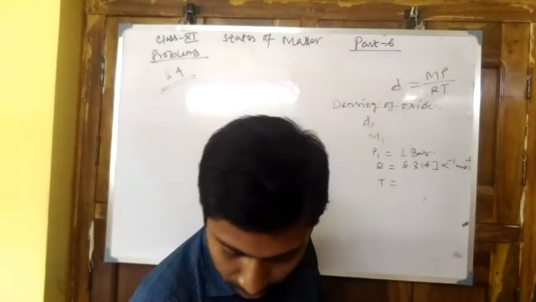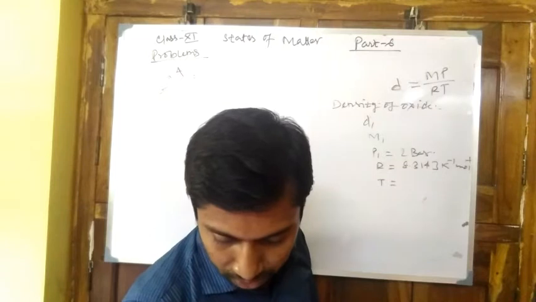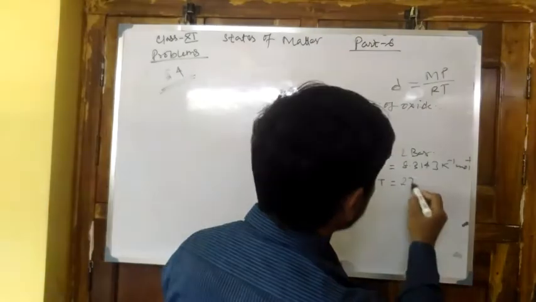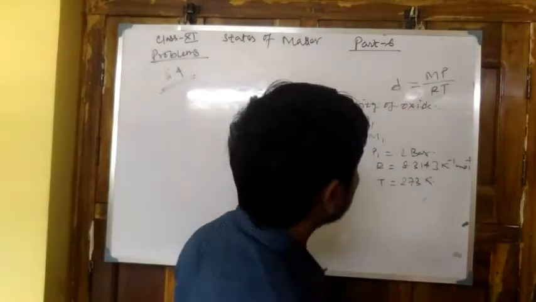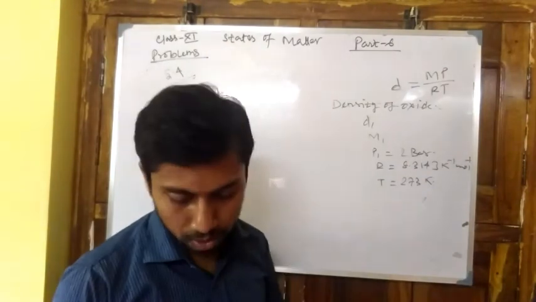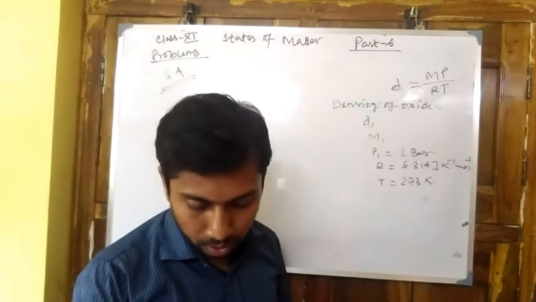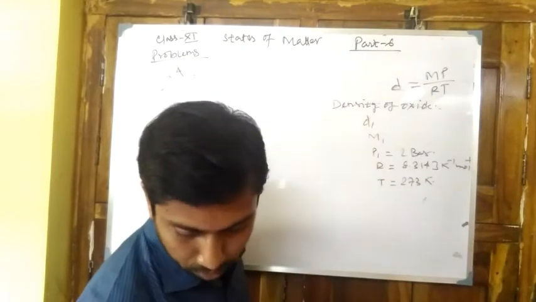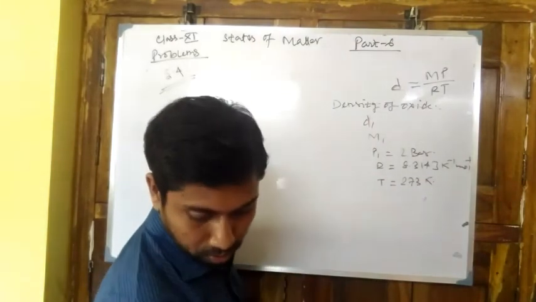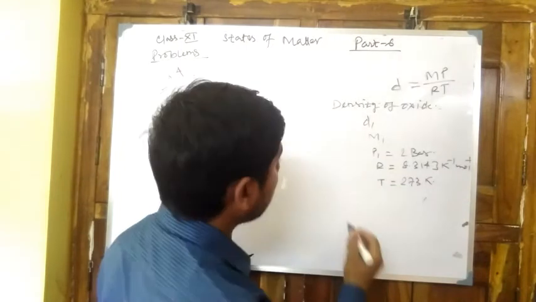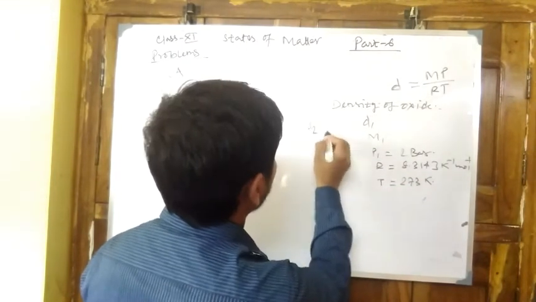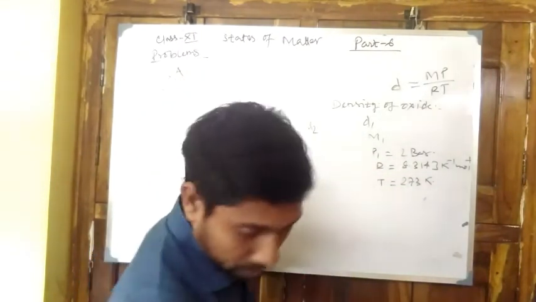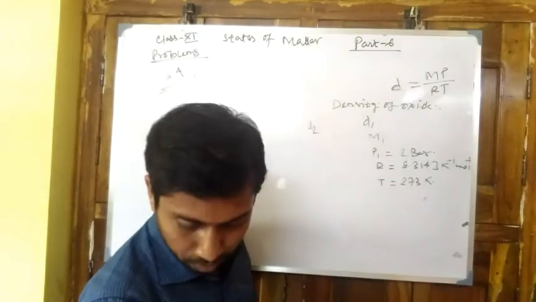Here the temperature is 0 degree centigrade, that is equal to 273 K. So this is the data for the first one. Second one, at 5 bar. So D2 for the nitrogen, and its density is the same.